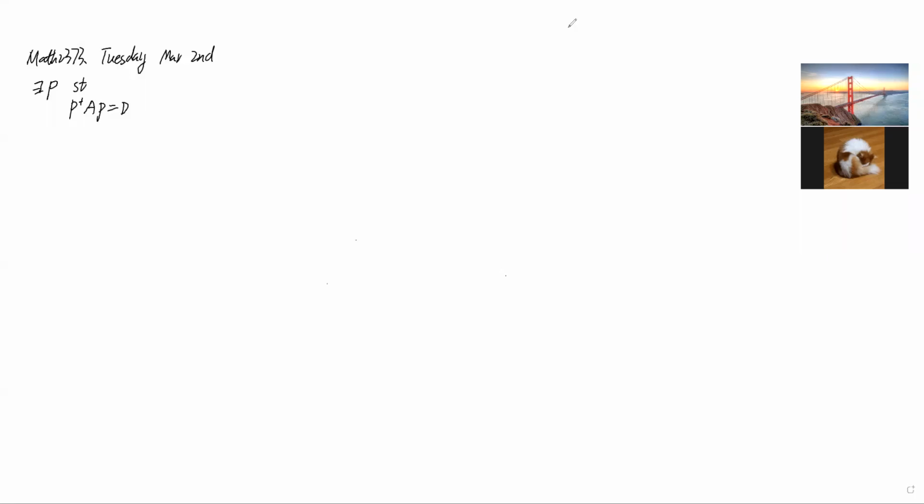For the last worksheet, for every problem you can do this process. But today we are talking about the case where for some matrices you cannot find a P such that P inverse AP is a diagonal matrix. So you may ask me why or when I cannot find this P.